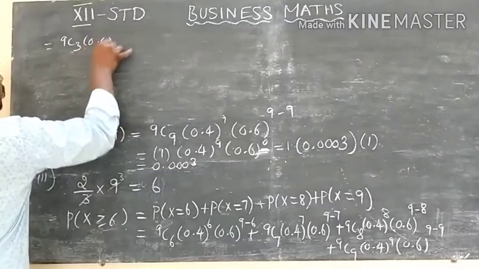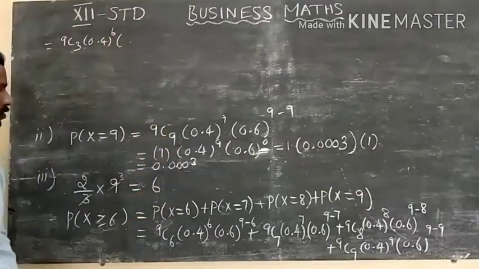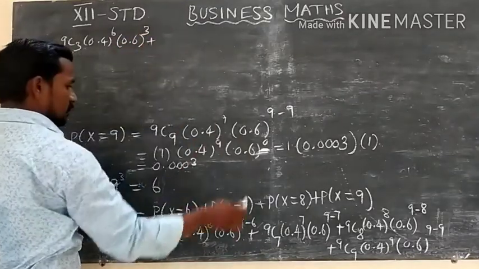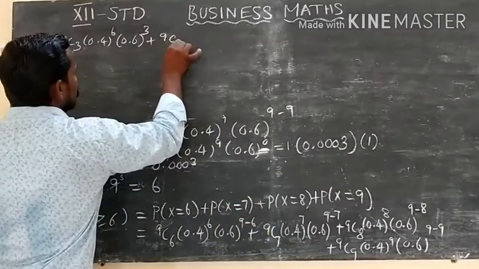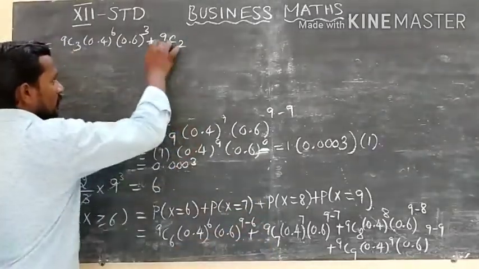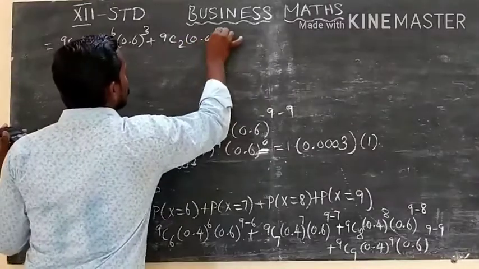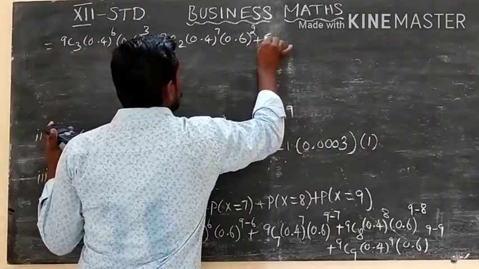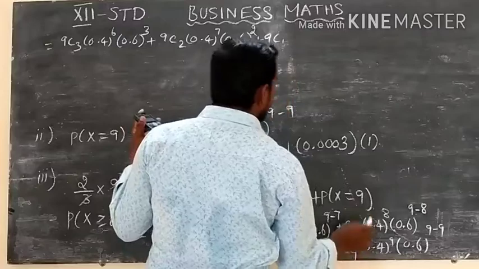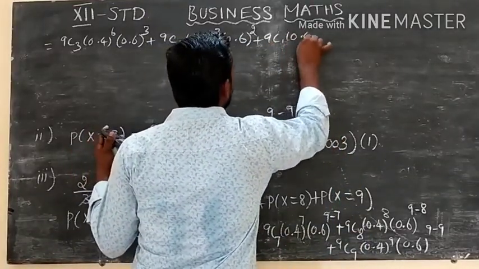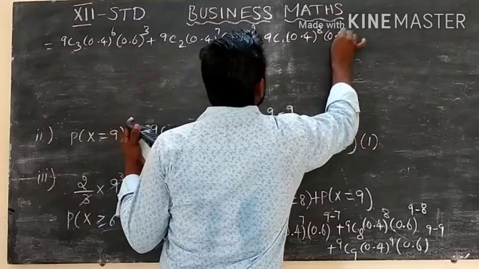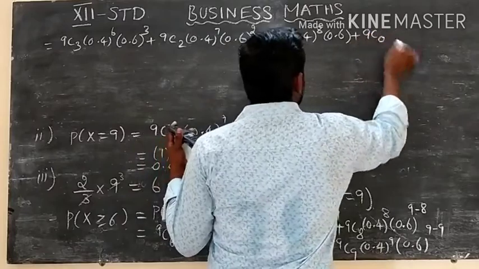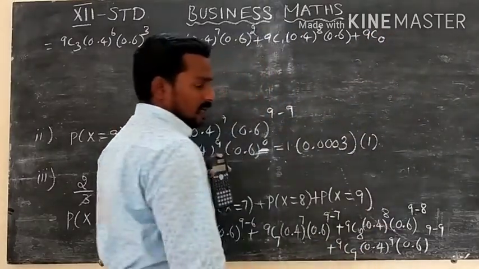Then 0.4 power 6 into 0.6 power 9 minus 6 is 3 plus. Here also applying the same manner 9C2 because 9 minus 7 is 2. 9C2 0.4 power 7, 0.6 power 9 minus 7 is 2 plus 9C1 because 9 minus 8 is 1, then 0.4 power 8, then 0.6 power 9 minus 8 is 1 and plus 9C0 because 9 minus 9 is 0.